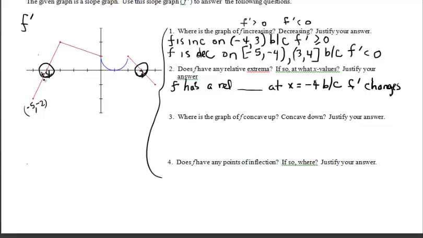Well, this graph is going from underneath the x-axis to above the x-axis. So it goes from negative to positive. So think back or look at your graphic organizer. If your slopes go from negative to positive, that means your function's going from decreasing to increasing. You have a min. So we have a minimum here, so this must be a maximum.